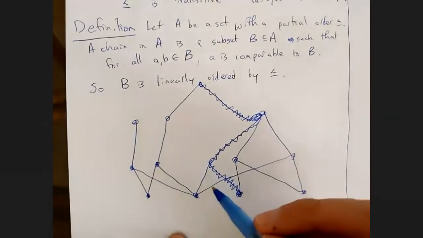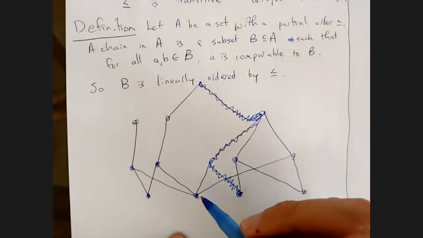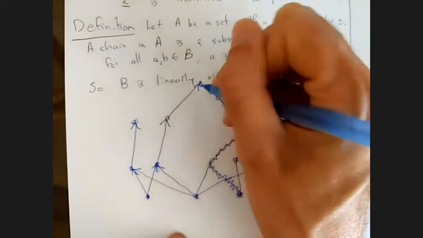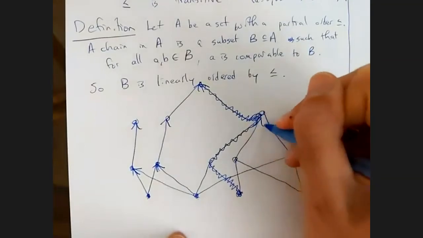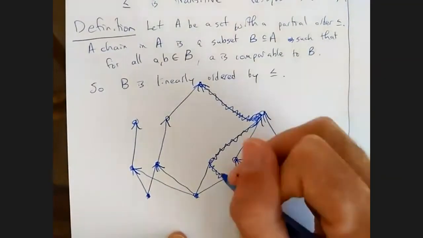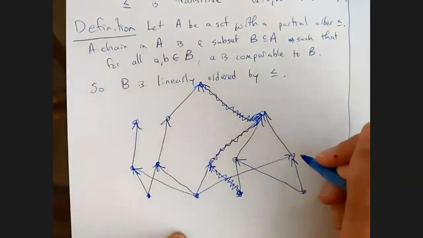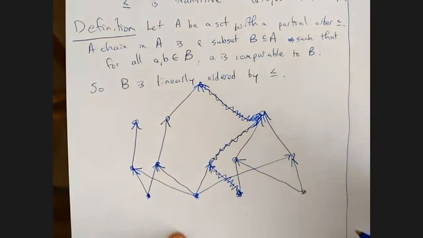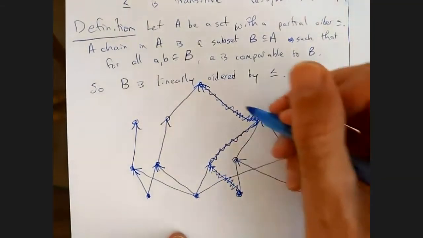There's no line between them. The arrows only go up, so I'll just put arrows so that they only go up. I think that's all the arrows. So this is a chain.